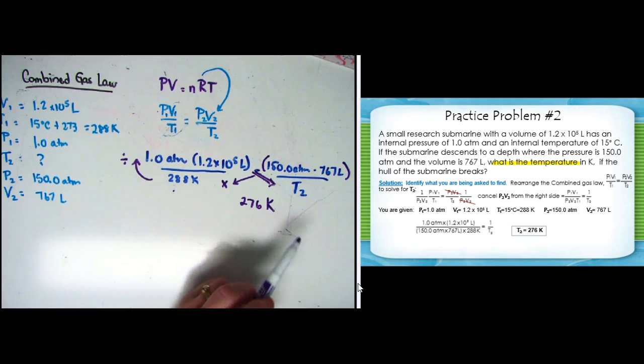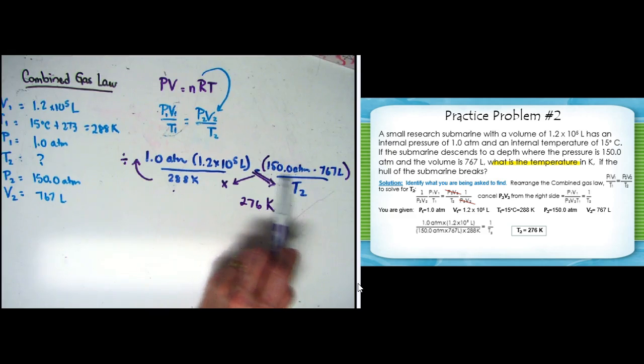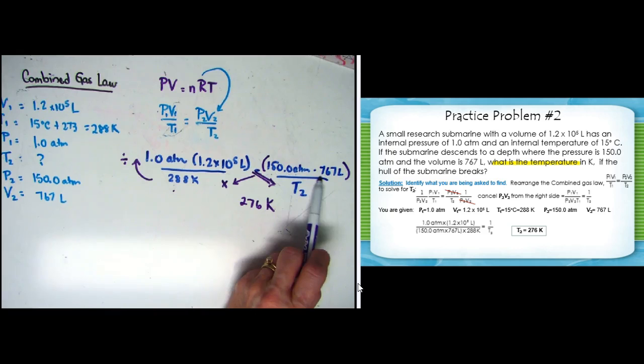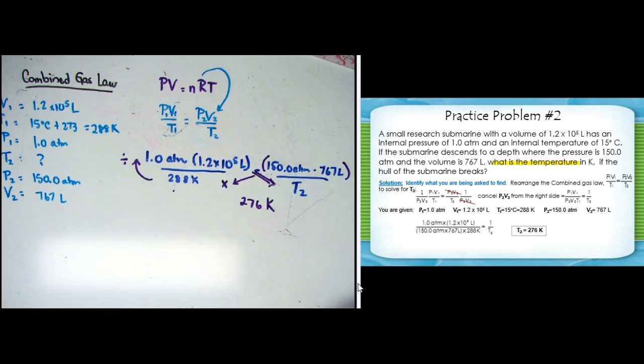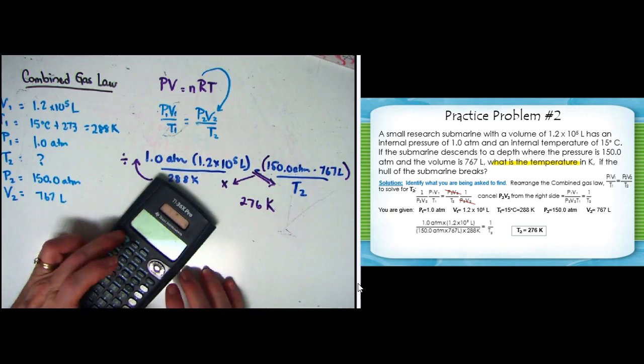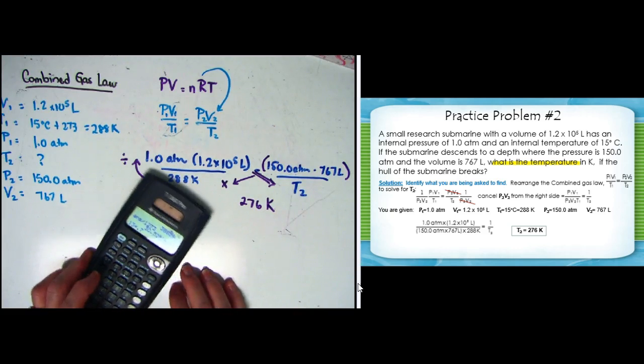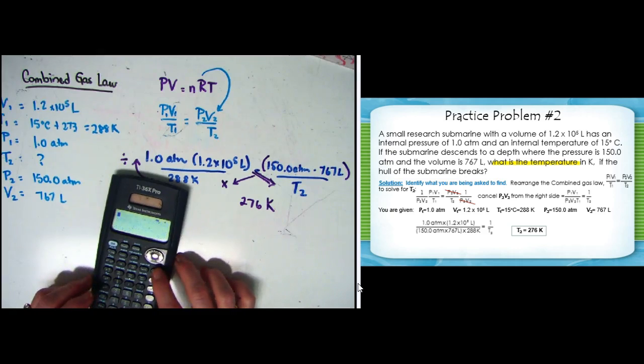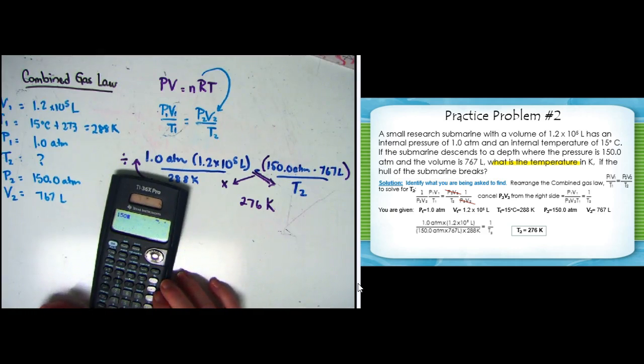Now, rewatch this. Take this side, the upper right, multiply 150 times 767 together. Put it in your calculator. Let me even see if I can figure out a way to get my calculator to show this up. Alright, here we go. 150, I'm not going to put the decimal place in, times 767.